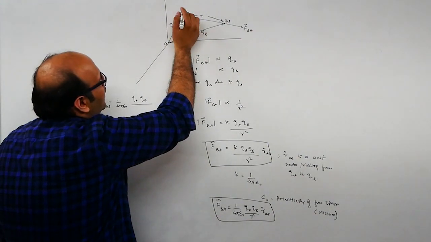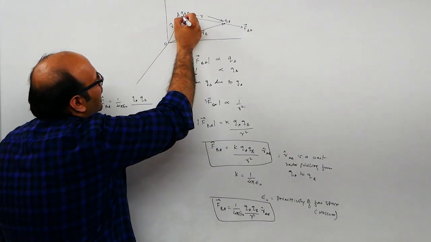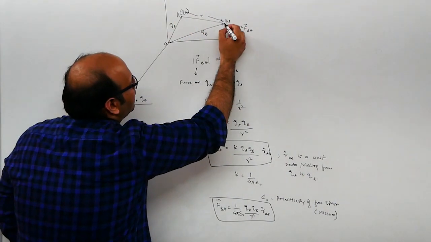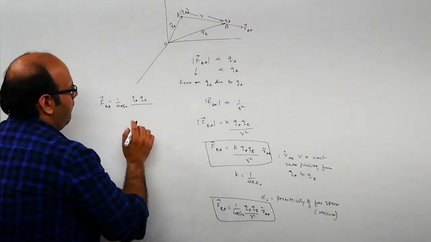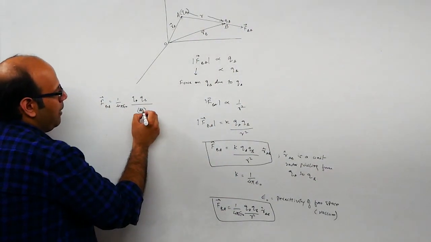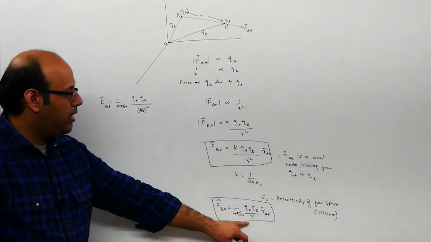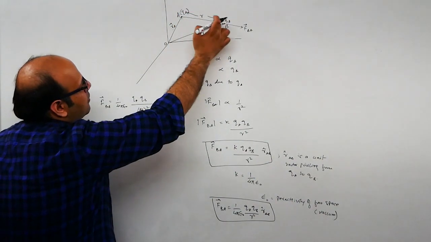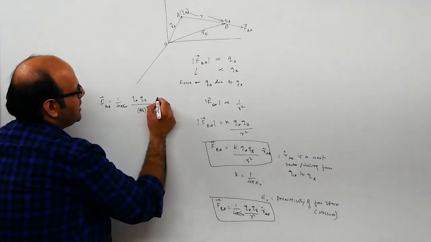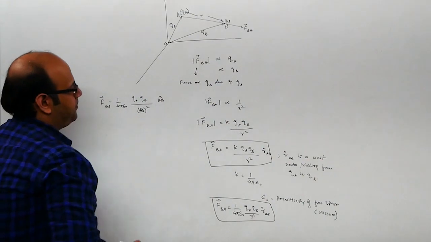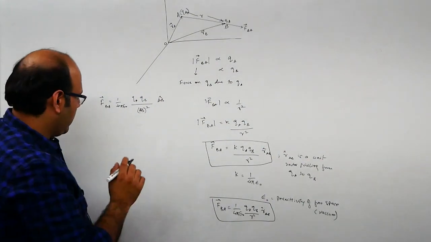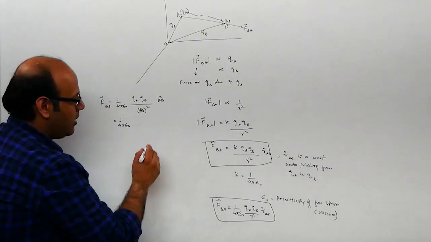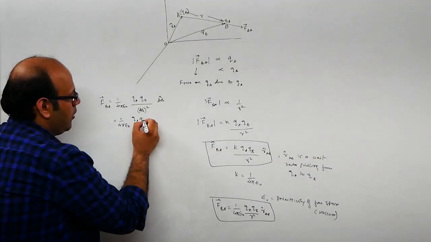Okay, so if this QA is located at point A, like this maybe, and this is located at B, can I say this is the square of AB? R is basically AB, and the direction is A to B, so I can say this is AB cap. Alright, perfect. So this comes out to be 1 upon 4 pi epsilon naught QA QB.